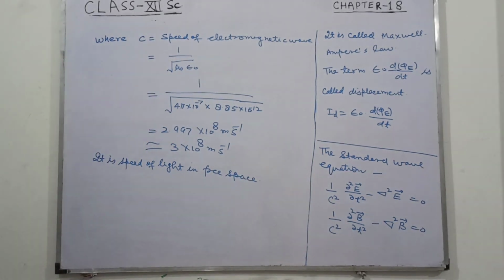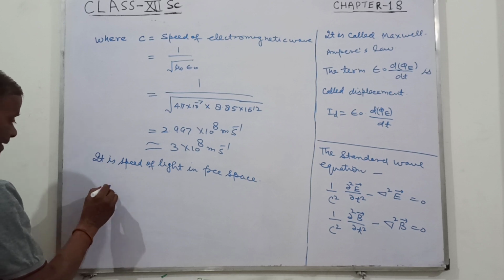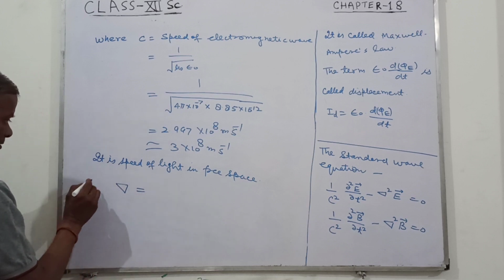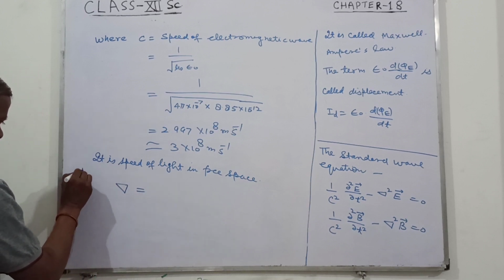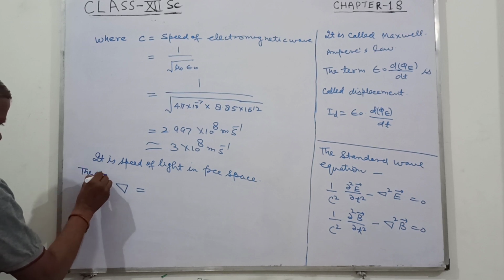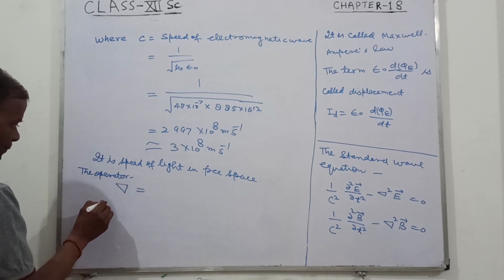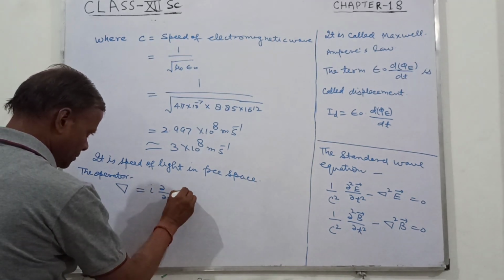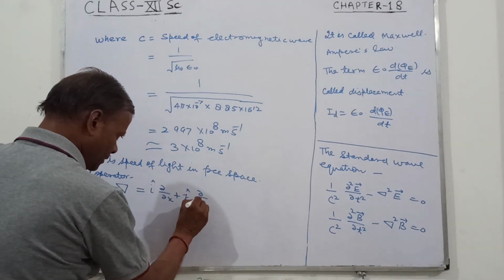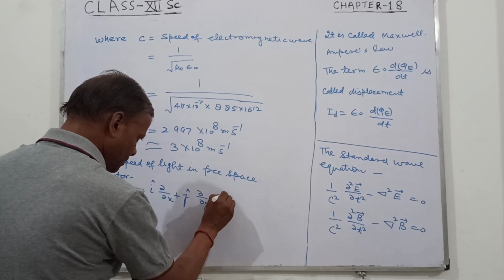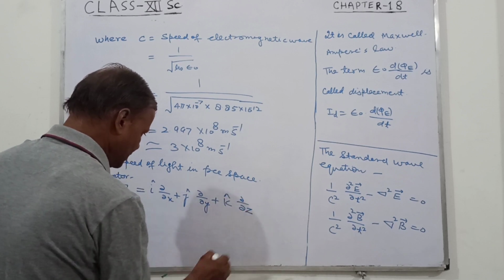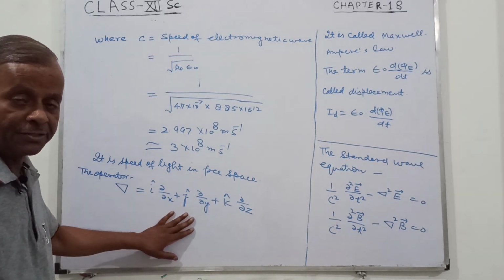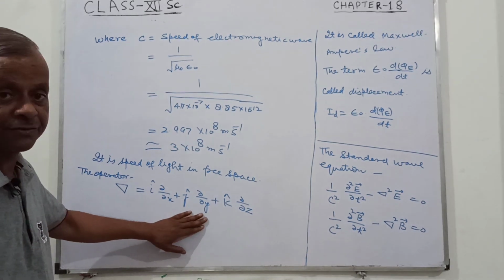This is what we are getting here, and now this del is an operator: del equal to i del upon del x plus j del upon del y plus k del upon del z. This is partial differentiation, and it shows the variation of some scalar quantity in space.